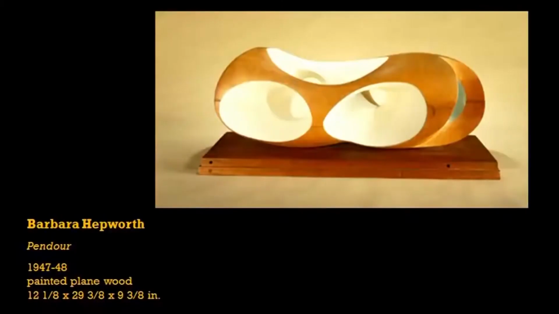Similarly, when you look at this sculpture by Barbara Hepworth, where she is dealing with abstract shapes and forms, it is once again highly possible that she derived this idea from the organic world, from organic visual experiences, from organic forms.